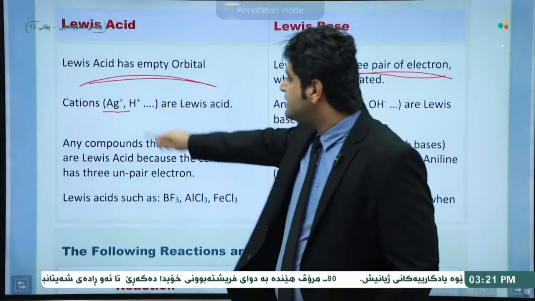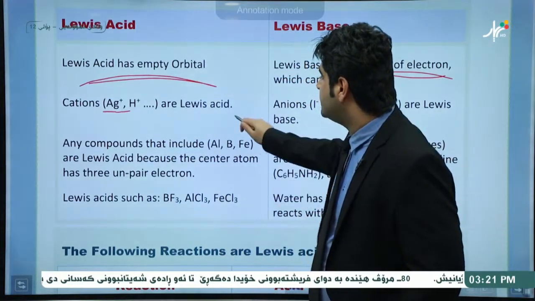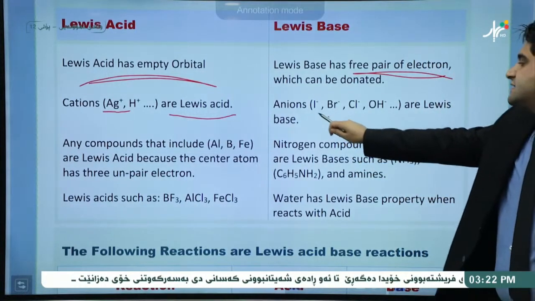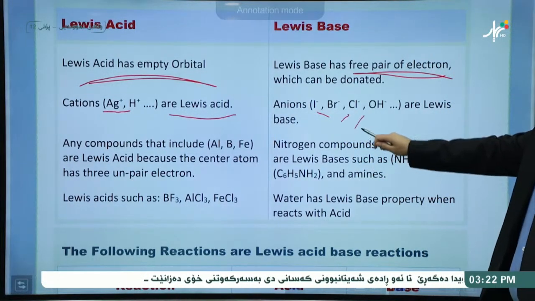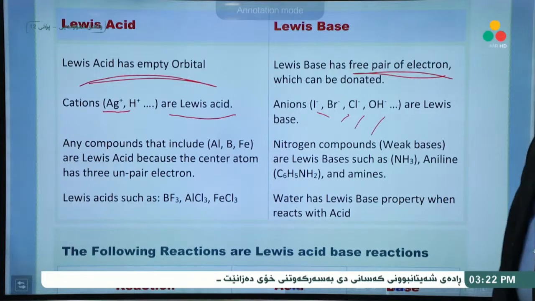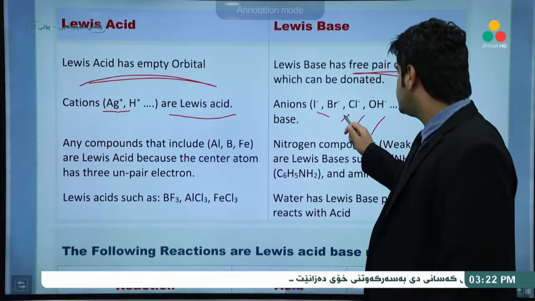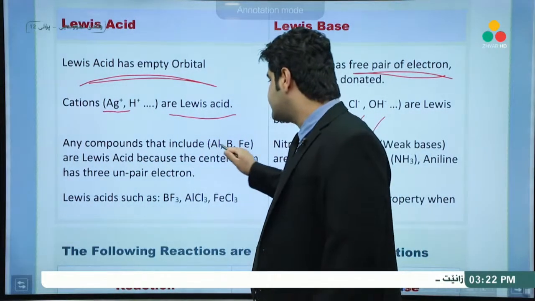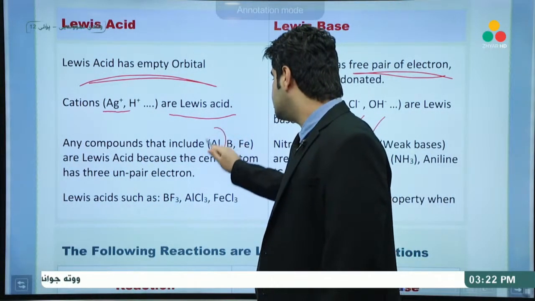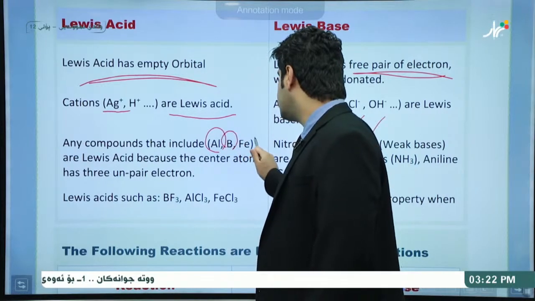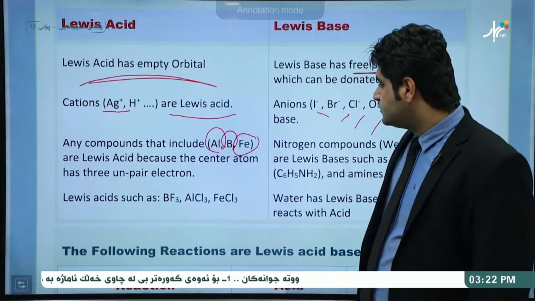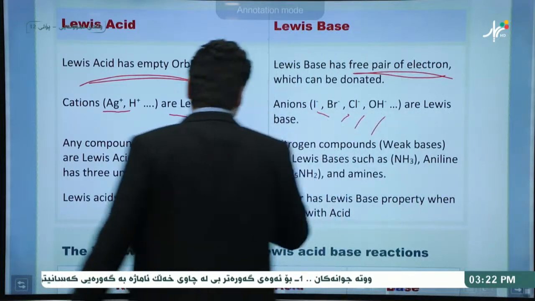Cations such as Ag, hydrogen, etc. are Lewis acids, but in contrast, anions such as iodine, chlorine, bromine, OH are Lewis bases. So anions are Lewis bases. Any compound that includes aluminum, boron, Fe.